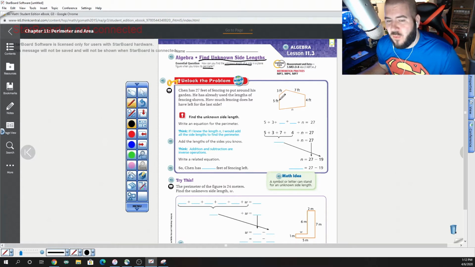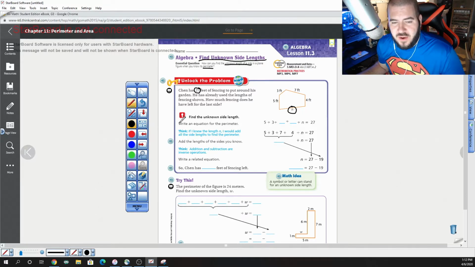We know that one side is 5 feet, another side is 3 feet, this side is 7 feet, this side is 4 feet, but we don't know how long this is, letter N. But we can figure it out because we do know how long his garden is in all, and that's 27 feet. So what we're going to do is add all of these sides together, and they have to equal 27. So this number added to all of these numbers will give us an answer of 27.